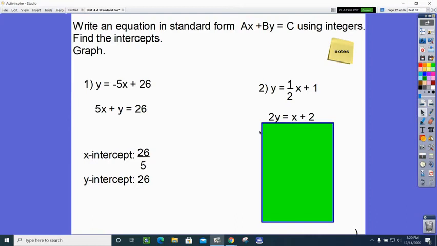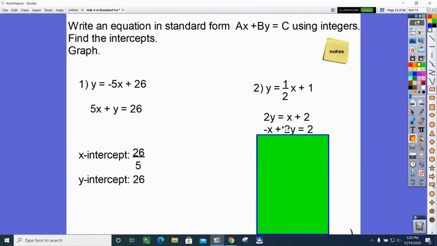You need to subtract x from both sides, and he's going to be the leader, so that's why he's out in front, negative x plus 2y. This is your standard form. Now, how do you find the x-intercept? Well, I'm going to do what I did a second ago. I'm just going to put a little box out here, and for the x-intercept, I'm going to cover over the y term, because 2 times 0 is 0.